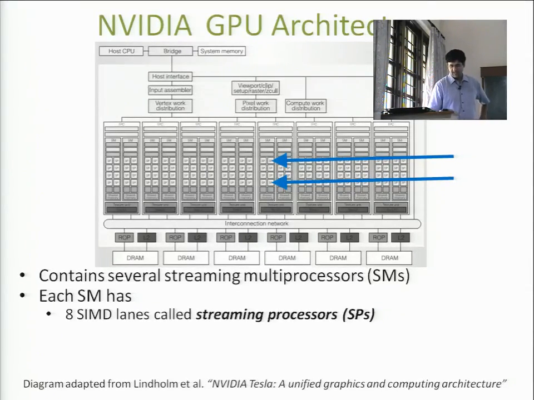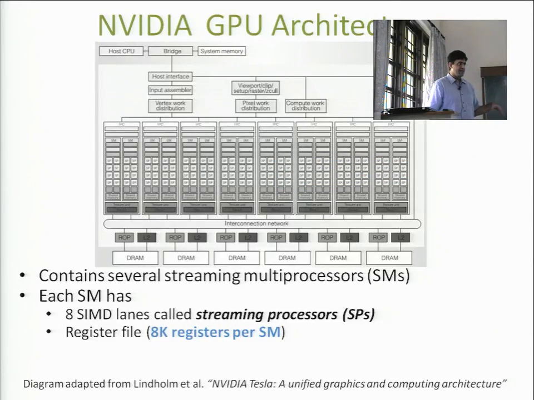Each SM has multiple streaming processors and a register file. It has huge register files. Every thread that's active on a particular streaming multiprocessor needs to have all its data in the register file.